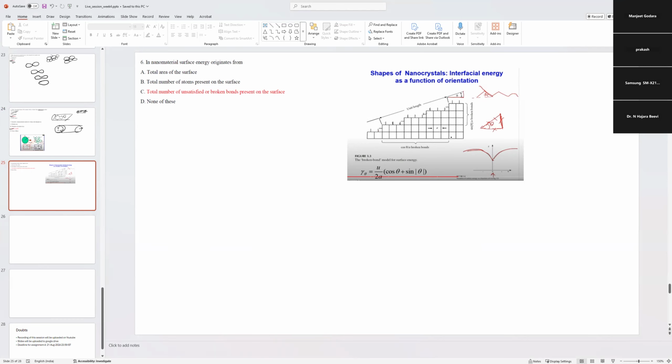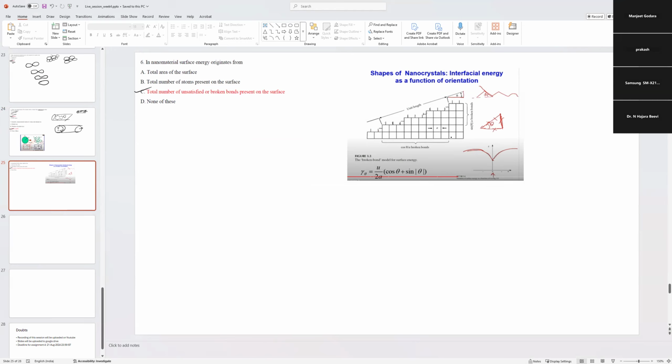So the larger the total number of bonds, the more the surface energy. The different planes would have different densities of these broken bonds. The total number of unsatisfied or broken bonds present on the surface, and the total area of the surface. The larger the area, the more surface energy it will be. Surface energy is defined per unit area.